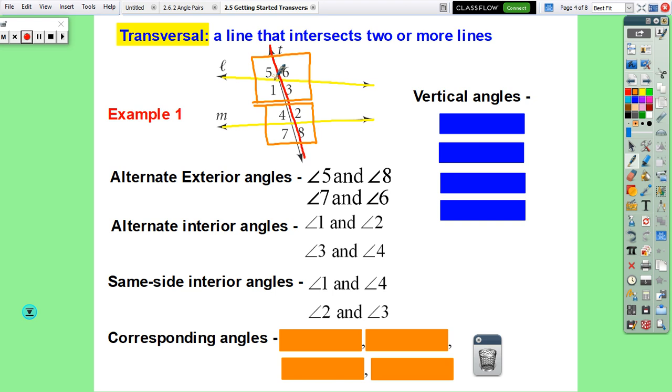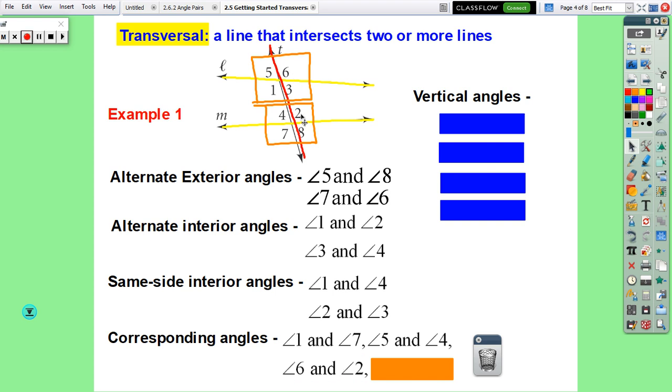Well, 1 would line up with 7. 5 would line up with 4. 6 would match up with 2, and 3 would match up with 8. Okay, so corresponding angles is kind of like thinking about this group here on one parallel line, and then this group here on the other line, and which ones they match with from top to bottom.